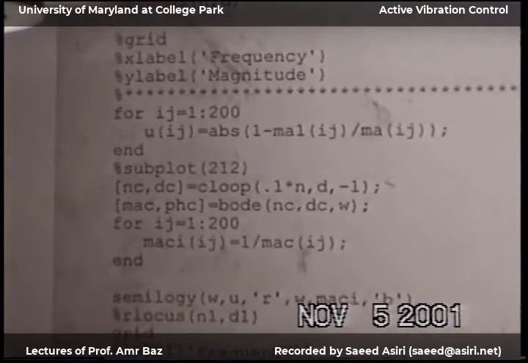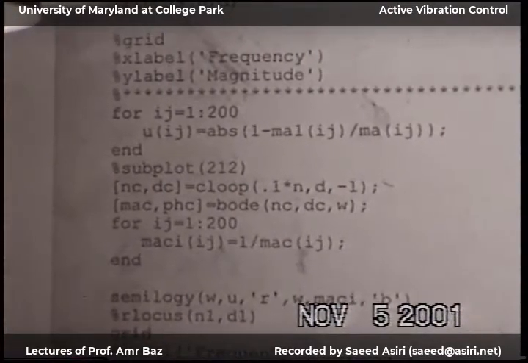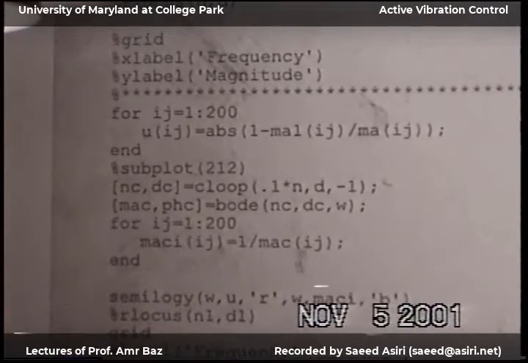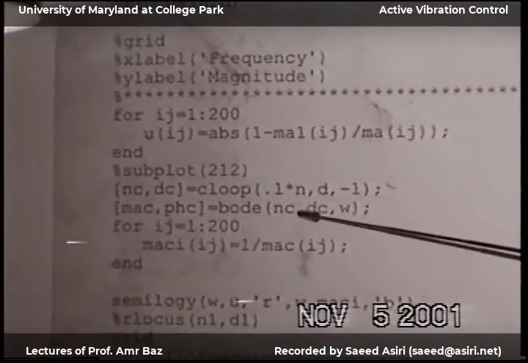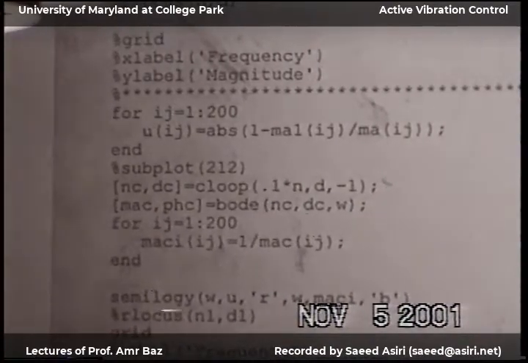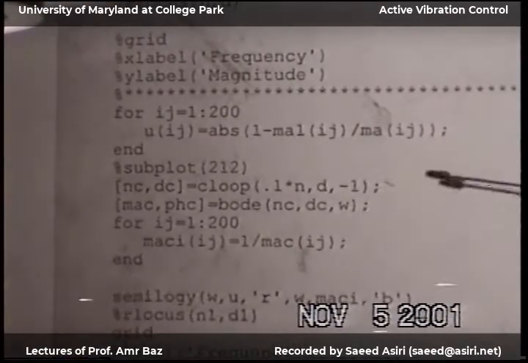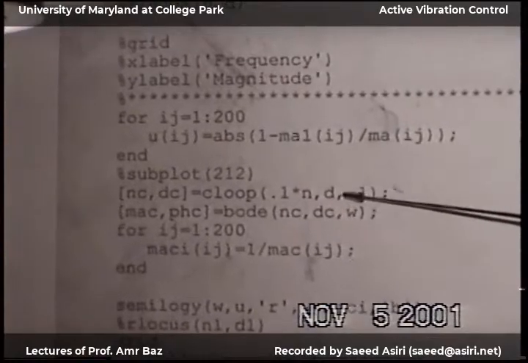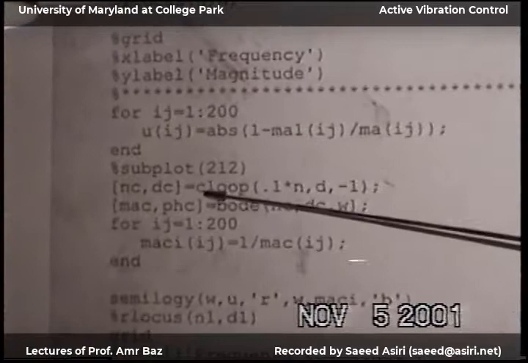It's a constant value. It is not a transfer function. If it were a transfer function, then I would have a numerator and a denominator. But I selected only a constant value times the numerator. I want to close the loop now, and I will close it with negative feedback. So I put here -1.